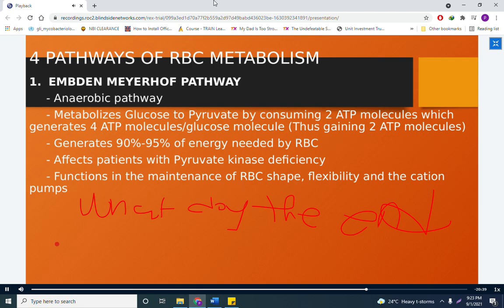It's your pyruvate. Remember, your glucose is being metabolized into pyruvate.